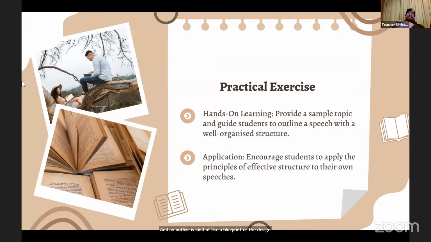So in the case of a speech, rather than writing the whole speech out, you're going to dot point it and say, all right, this is my introduction. These are some notes that I want to make sure I put in my introduction. This is the body of the speech. This is the first paragraph. This is what I want to say. This will be my second paragraph. This is what I want to say. So you're basically just planning out what you want to say in your speech.